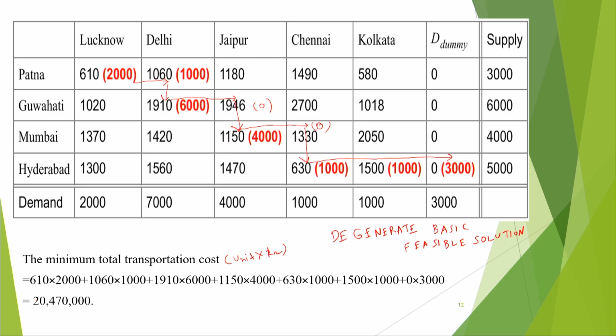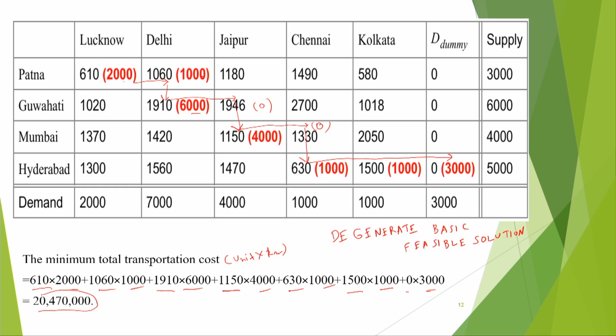So 610 Patna to Lucknow, 610 into 2000, 1060 into 1000, 1910 into 6000, 1150 into 4000, 630 into 1000, 1500 into 1000, and 0 into 3000, because dummy doesn't require anything.